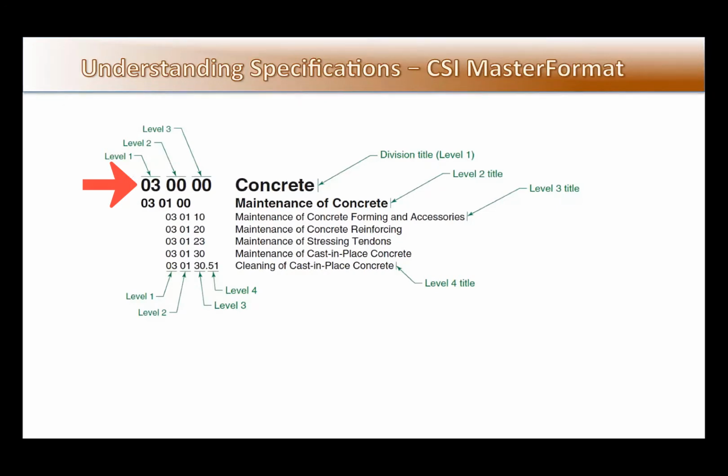The first number represents the level or division that you're discussing, so in this example, concrete. And the remaining numbers specify an additional level of detail and where you can find corresponding information. So that means that you're able to look up and identify other areas of information that are correlated with a specific area within the division.